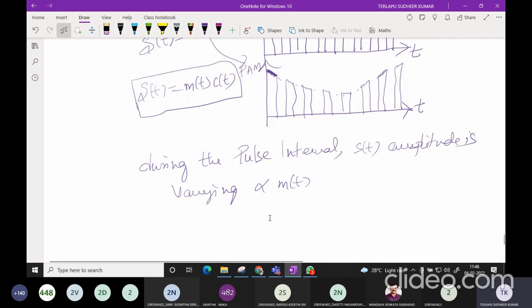So you take any pulse, the top of the pulse, or the height of the pulse, is not constant.